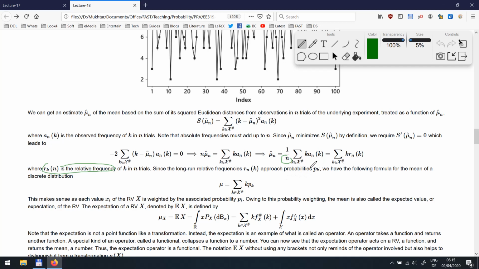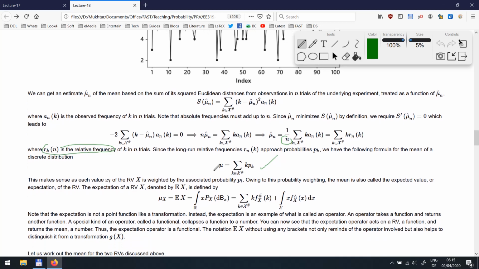Now I also know that if I take this n to be very large, these relative frequencies will approach probabilities, and I can now have a definition for the mean. Mean is simply the weighted average, each possible value weighted by the probability associated with that point.